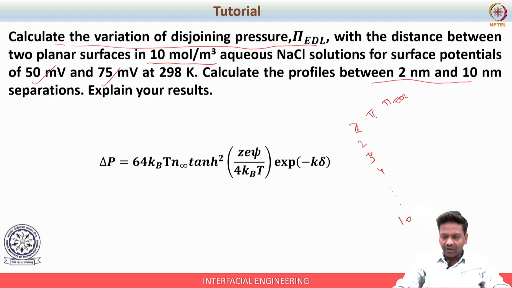We have this for two cases, one is 50 millivolt, the other one is 75 millivolt. So what is the pi EDL in these cases? That is exactly what we are going to develop. What is important is we need to construct the plot between x and the pi EDL for both scenarios, based on this equation.